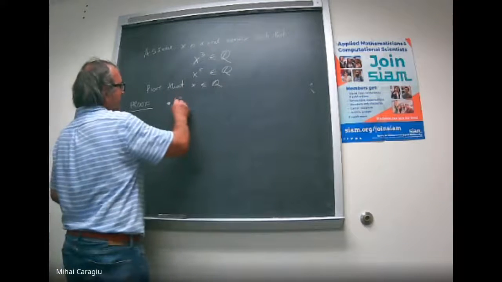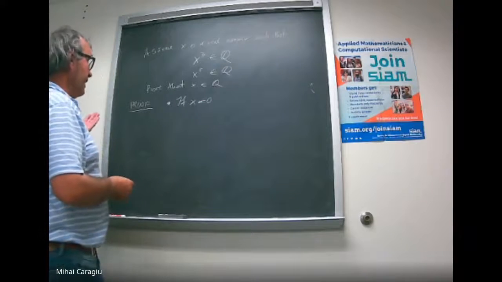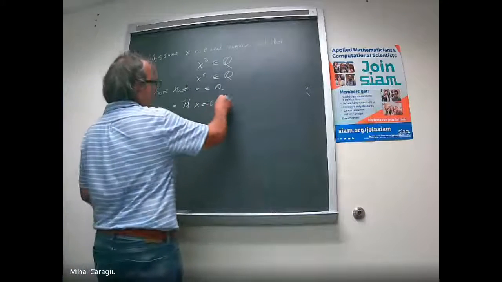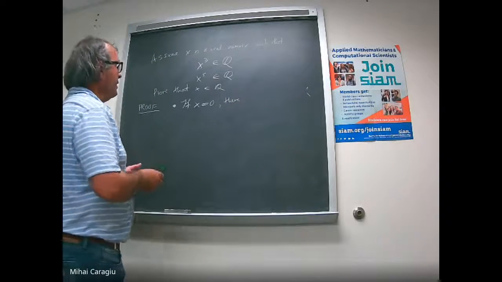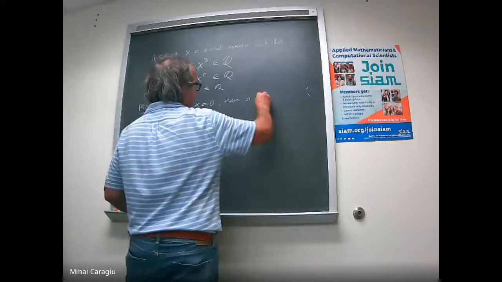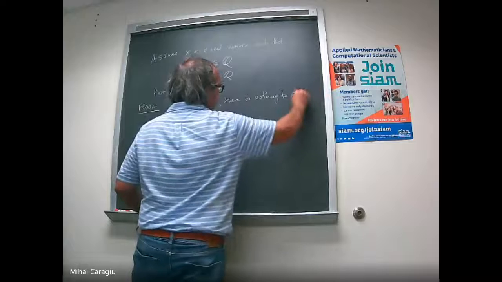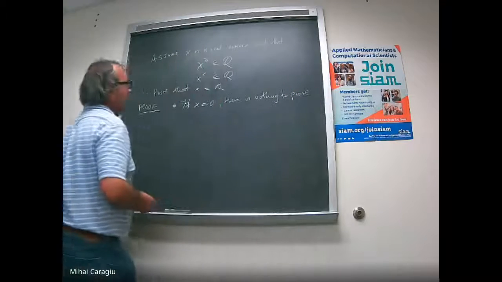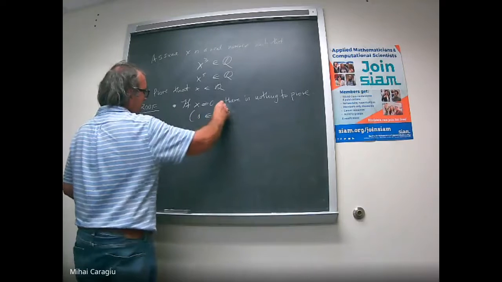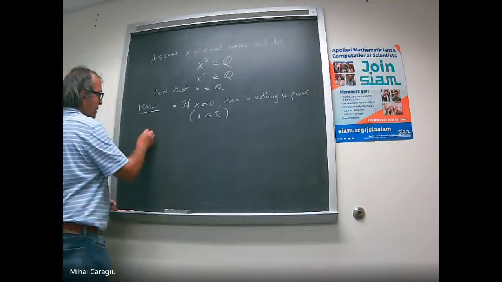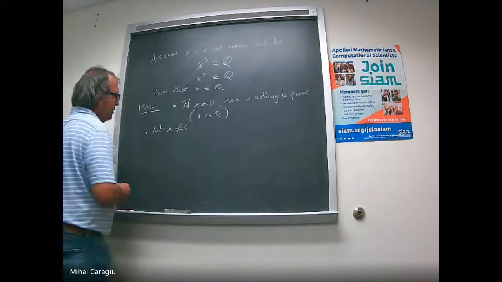So if x equals 0, there is nothing to prove, because 0 is rational. We'll move on with x non-zero. So this being said, let now x not be 0.